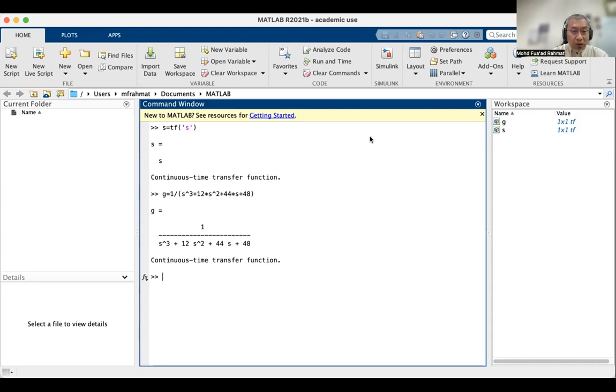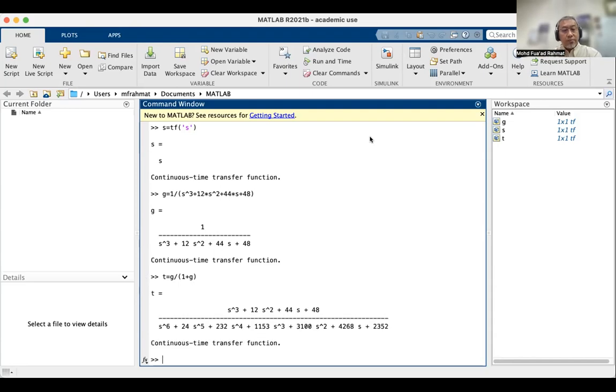So G is the open loop transfer function, and I assign T as the closed loop. T is equal to G divided by 1 plus G. So this is the feedback formula. And then to see the root locus, rlocus G.